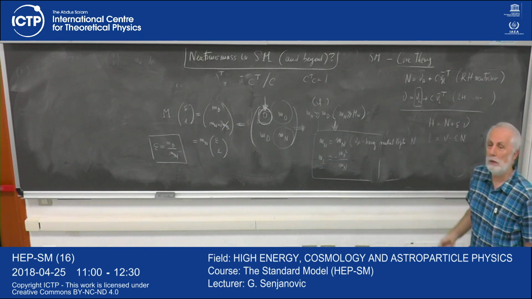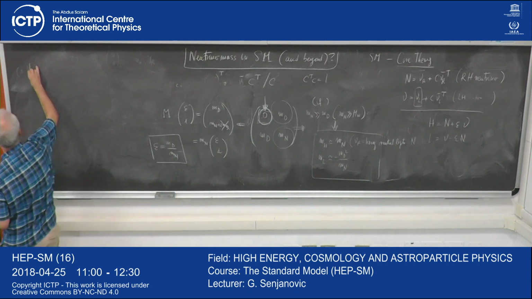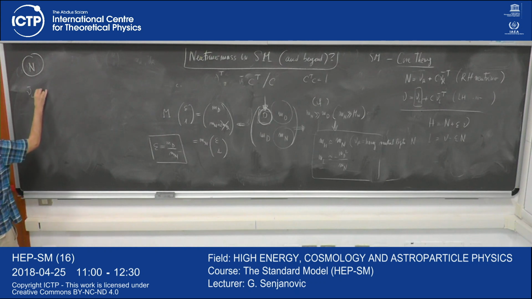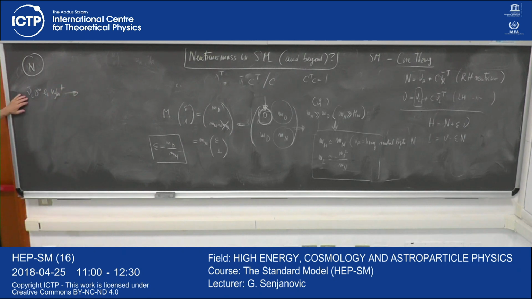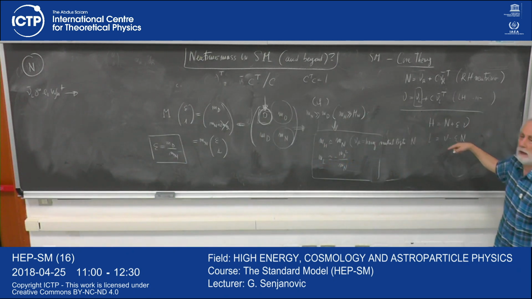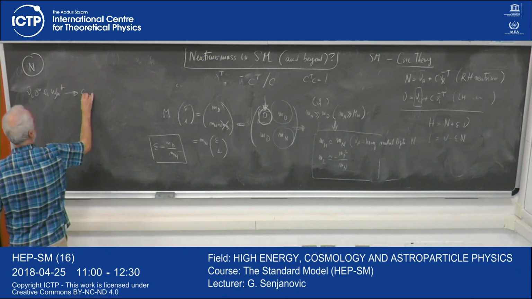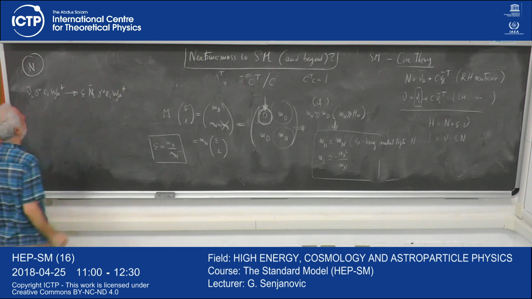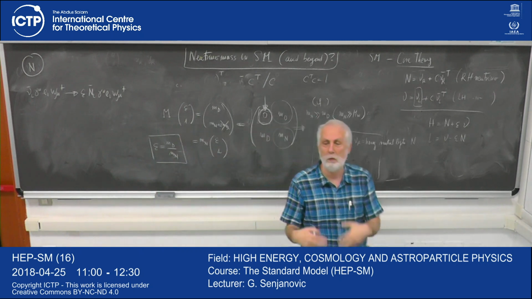For most of the time, I'm going to ignore the mixing. But it's not irrelevant, because imagine that somehow you produce this N. Remember, you start with an interaction which was U_L gamma^μ e_L W^+_μ. This guy is a mixture of heavy and light states, if you wish, and vice versa. What will come in will be epsilon N_L gamma^μ e_L W^+_μ, because ν mixes with N. I'm keeping the notation ν, N. This is not a correct notation, but I don't want us to get lost.